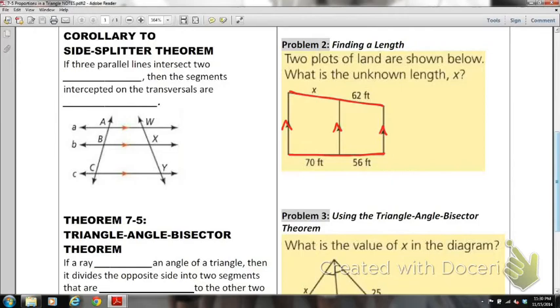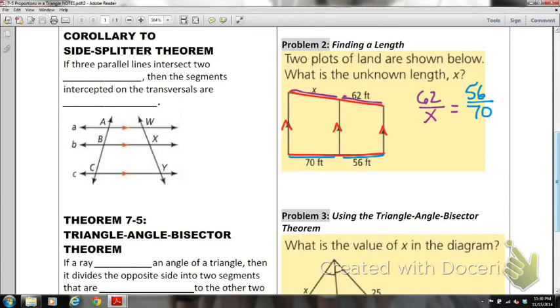So to set this up, we can set up the 62 over the x on that side is equal to the 56 over the 70 on the other side.